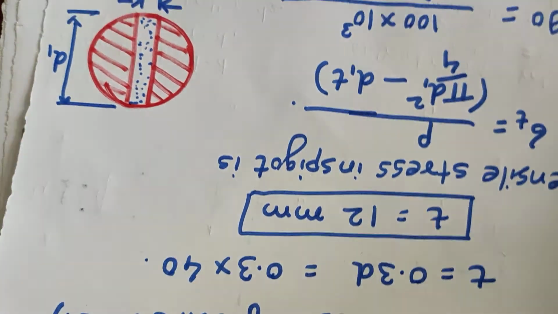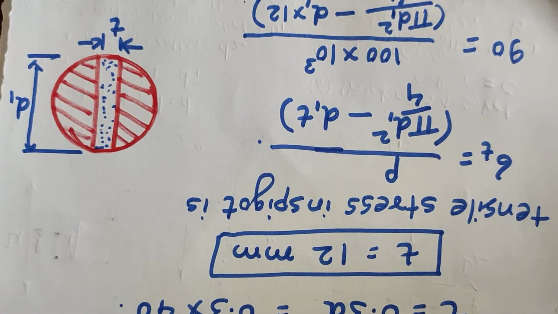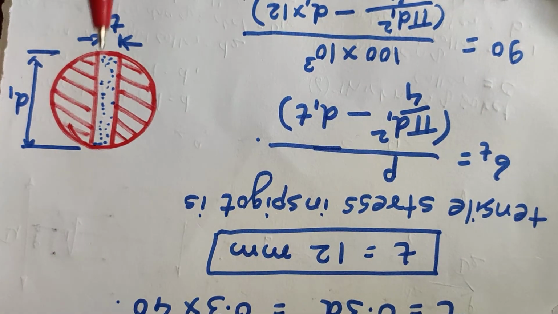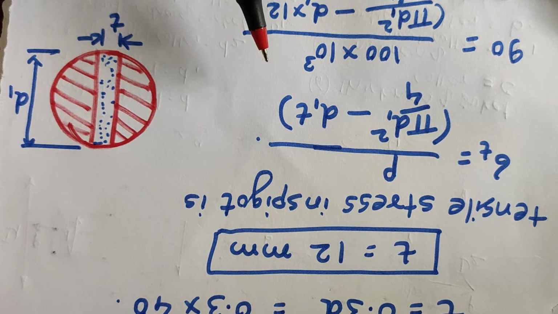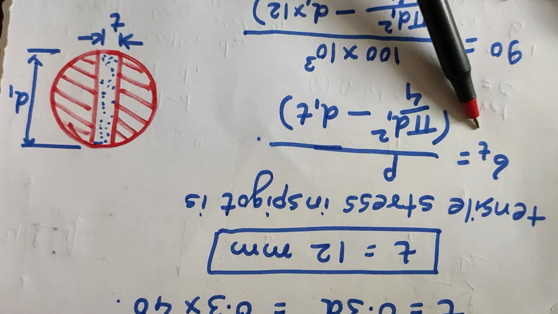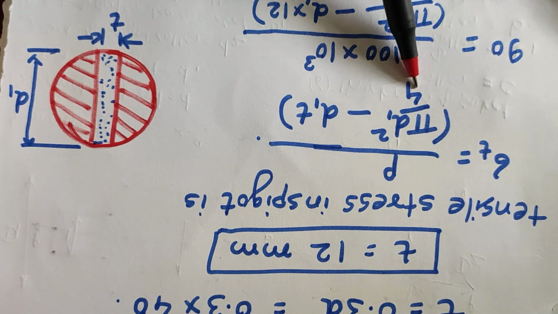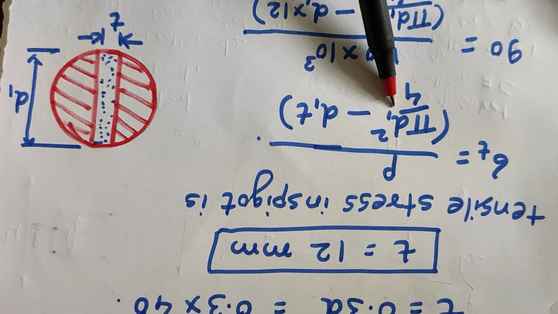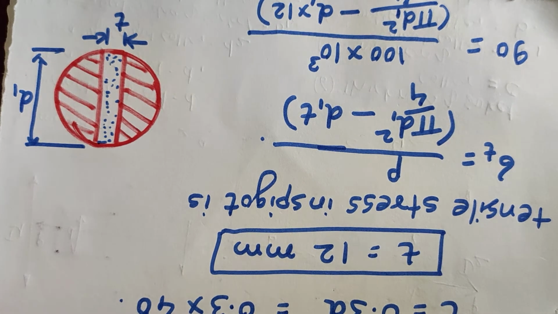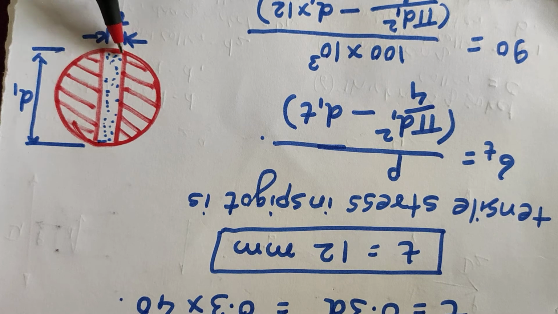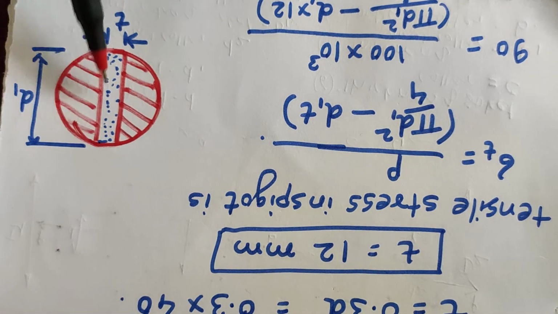Now, as this spigot is subjected to tensile load, the tensile stress induced in this spigot is given by sigma t equal to force acting P divided by pi by 4 d1 square minus d1 into t. So this cross section area with the diameter d1 minus area of this slot, that is the thickness t into diameter d1.